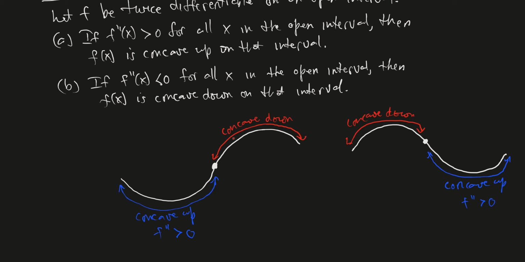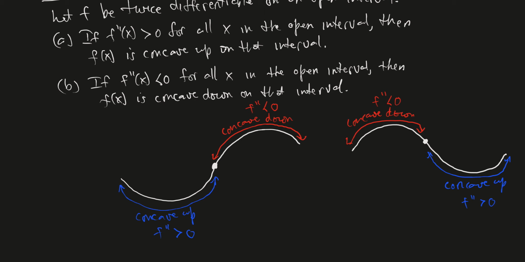Here, for all of these points, the second derivative would have to be negative. And similarly here, the second derivative would have to be negative. So something would have to cause the second derivative to change from a positive sign to a negative sign, or from a negative sign to a positive sign.